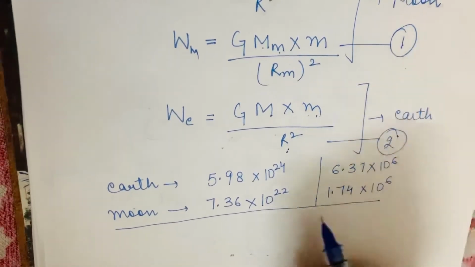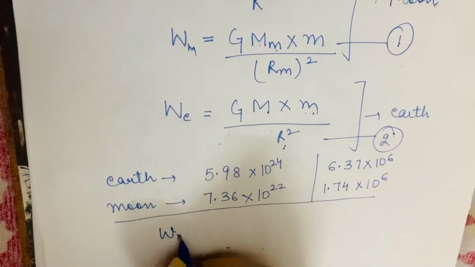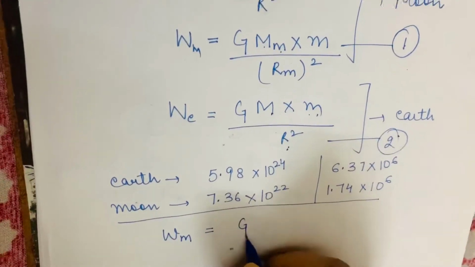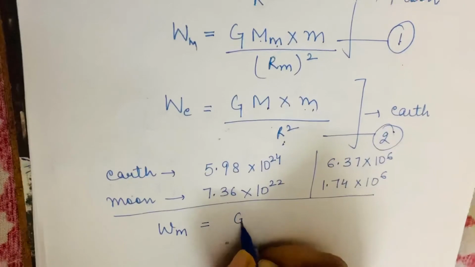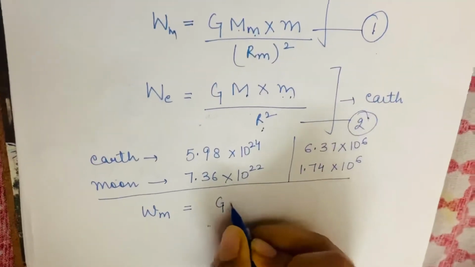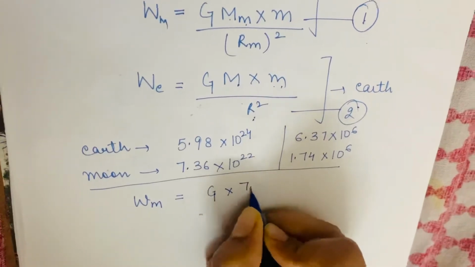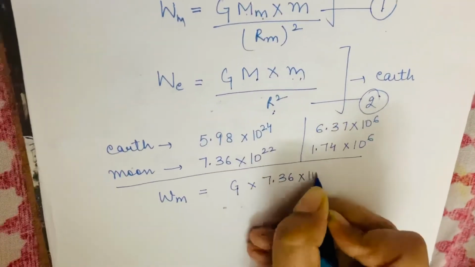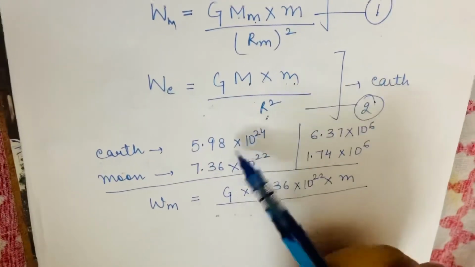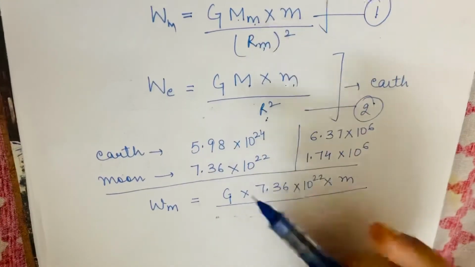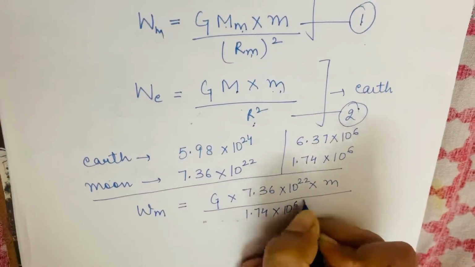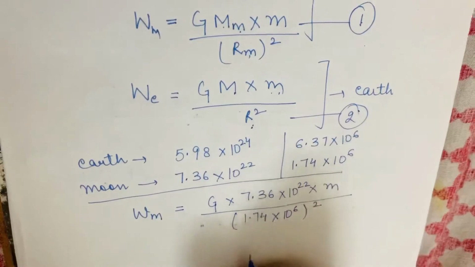When I substitute this value in equation number 1, that Wm, I will not substitute the value of G over here. I'm just substituting the value of mass. This is G into 7.36 into 10 raised to power 22 multiplied by m upon the radius of moon, which is 1.74 into 10 raised to power 6 whole square.